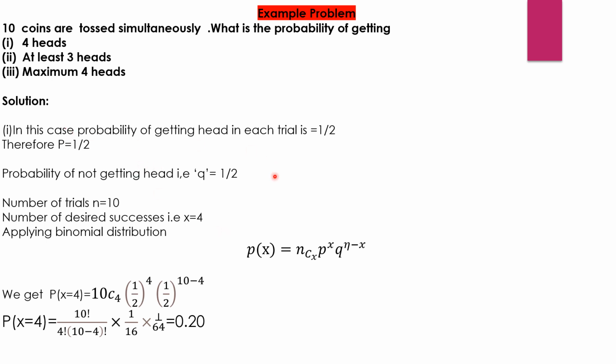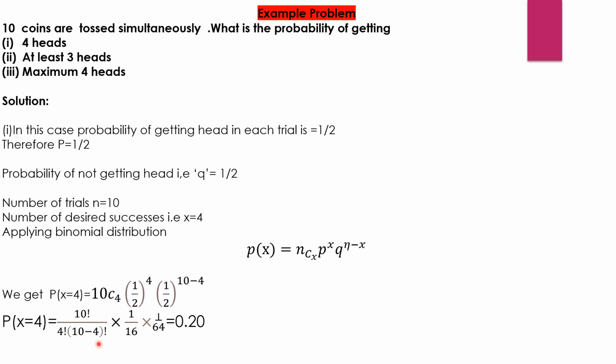So based on this data, we will apply binomial distribution P(x) equal to nCx p to the power x q to the power n minus x. If we apply this relation, we get P(x equal to 4) is 10C4, 1 by 2 to the power 4, 1 by 2 to the power 10 minus 4.